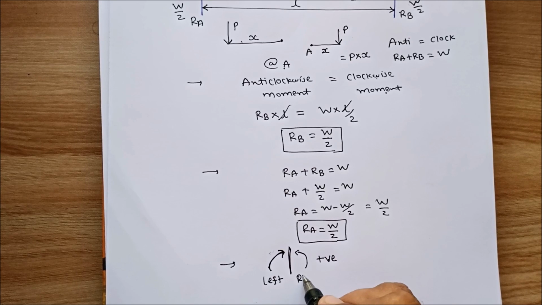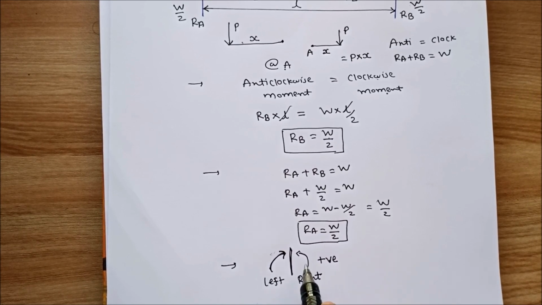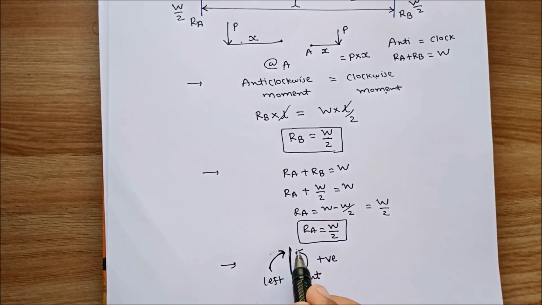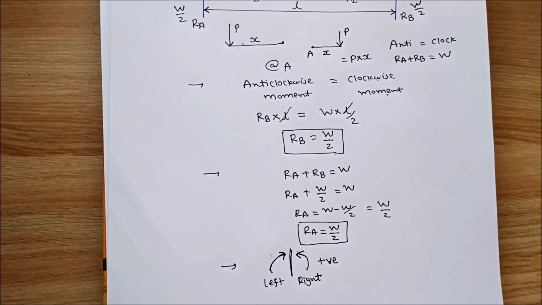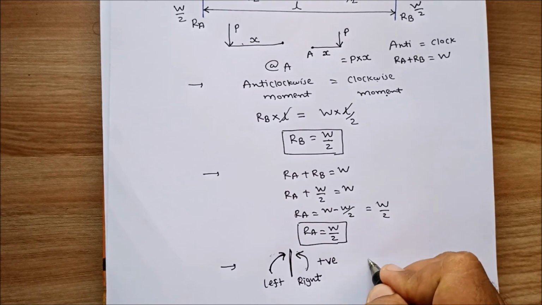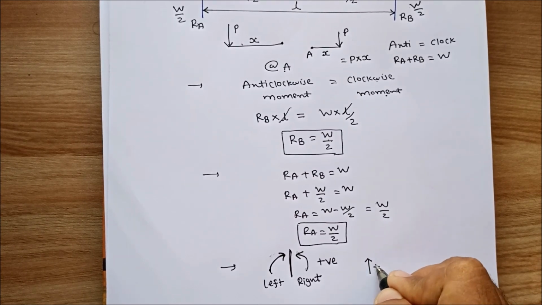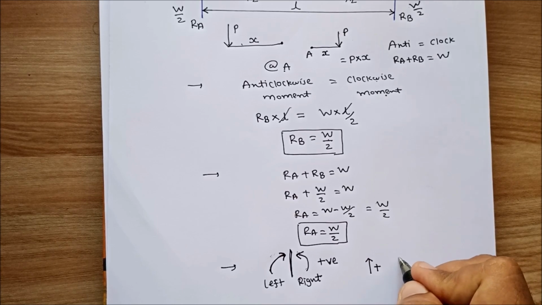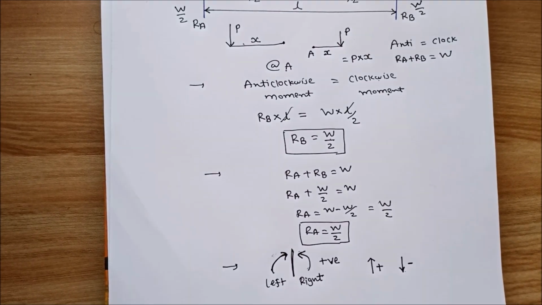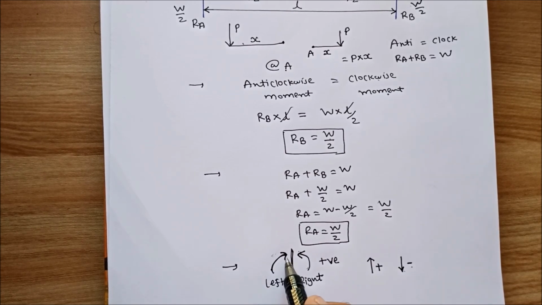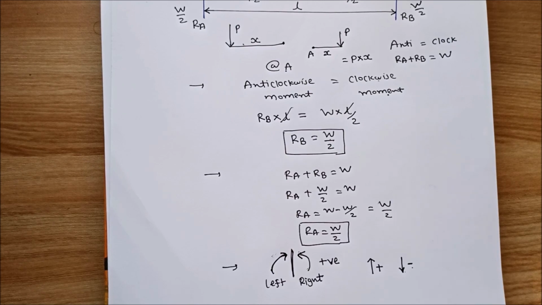Similarly, when you find moment from the right side, then anti-clockwise moment is positive and clockwise moment is negative. But here we use one simple trick. Whenever there is an upward force, you consider positive moment, and when there is a downward force, you consider negative moment. Use this simple trick, or otherwise use this sign convention. Both answers are always equal.